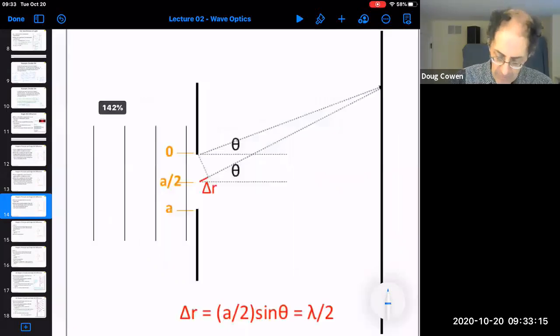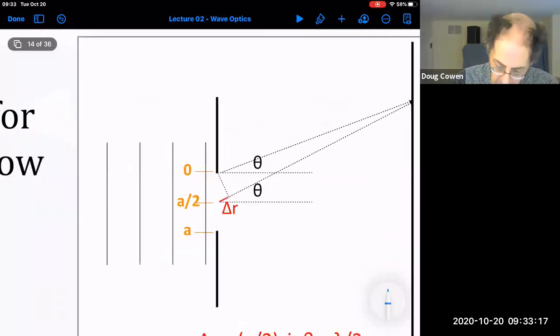So if you look at this picture again, we did it for this pair of points. What if I move just a little epsilon down vertically to the next set of points, and did exactly the same thing? At exactly the same angle, the delta R for the rays coming from those two points is going to be the same as the delta R from the upper two points.